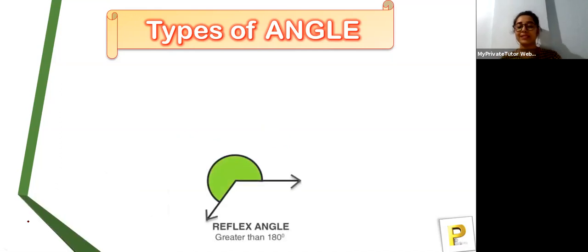Next you have the reflex angle. What is a reflex angle? You have to remember that the measurement is more than 180. An angle which is more than 180 degrees is called a reflex angle. Even if it's 200 or 250. Can anyone tell me what is the measurement of a circle?